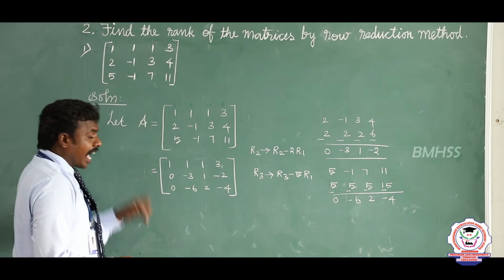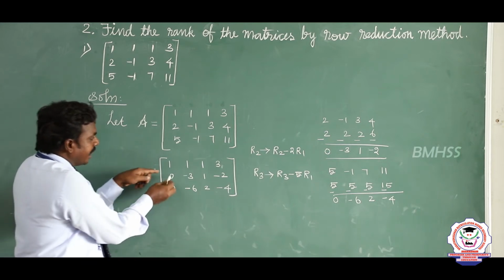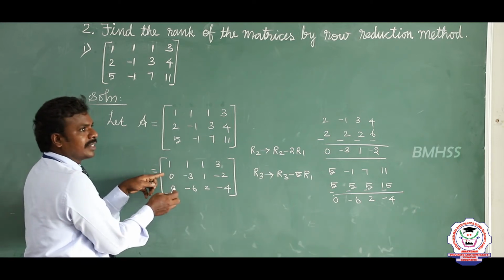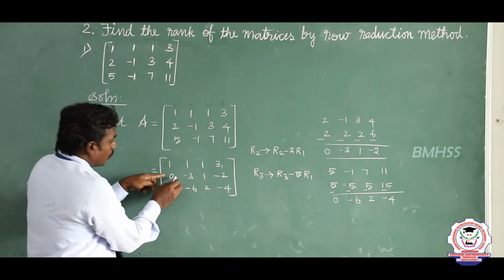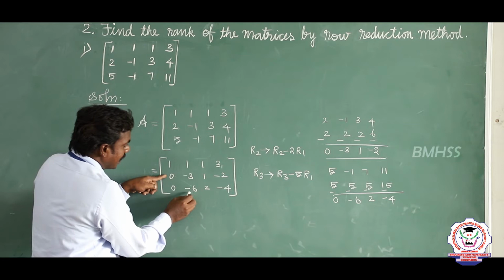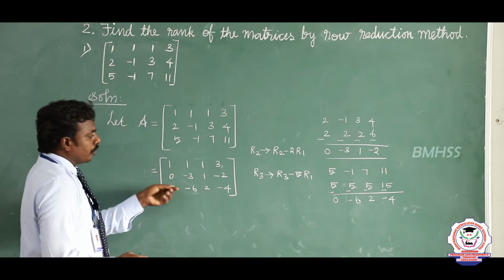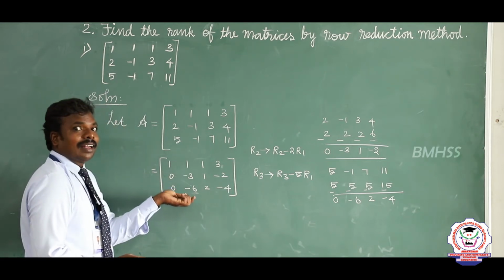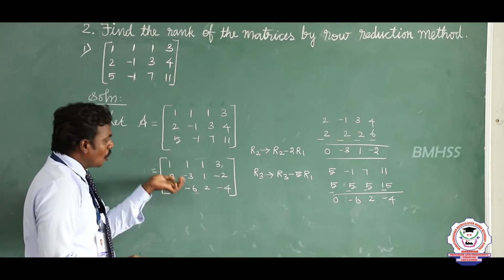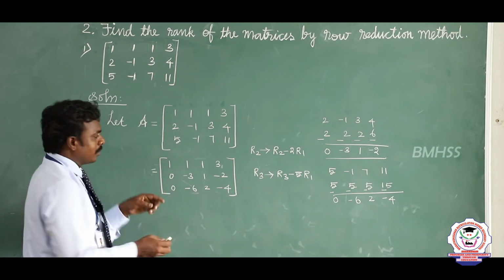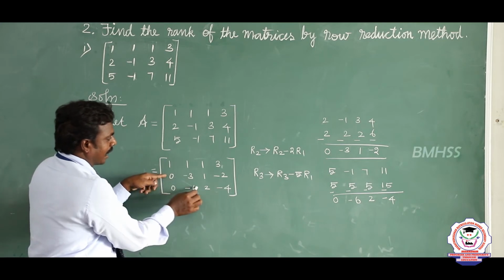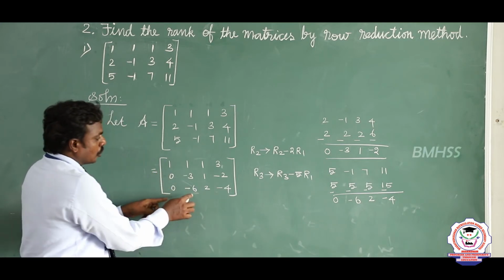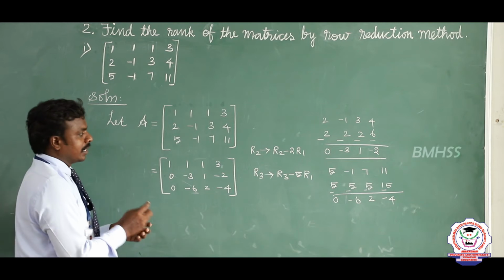After this, from the second row's first element, I want to form triangle-shaped zeros. So this 6 should change to 0. That is called the row reduction method. In the row reduction method, from the second row's first element we should get triangle-shaped zeros. How can you change this 6 to zero?